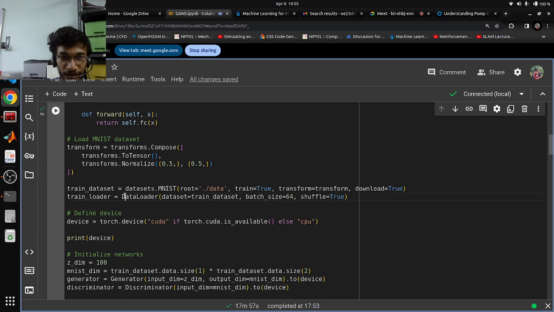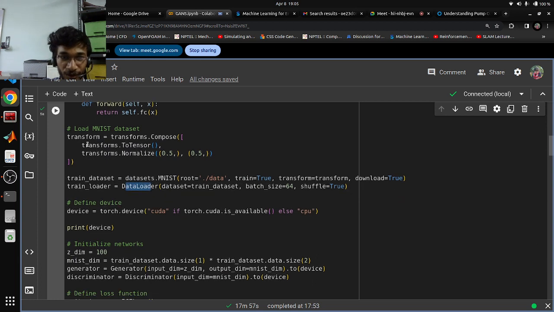And where are we using this thing is here. The entire data set you are first transforming to a tensor, and then you are using this train dataset object in this data loader. This data loader is something which is very commonly used in machine learning and deep learning applications.